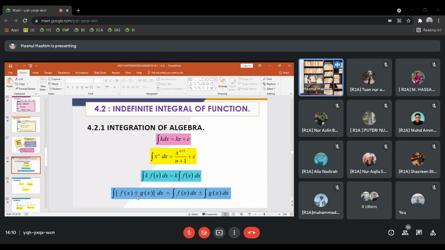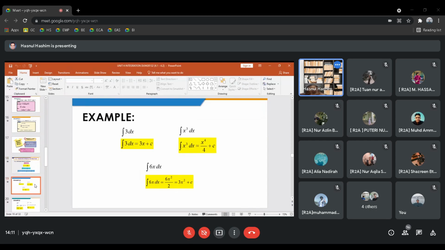And then when we have a plus or minus of two functions, we can integrate both separately. Okay, we look here. 3 is a constant, so we have 3x plus c. x cubed will be x to the power 4 over 4 plus c, and 6x will be 6x squared over 2, or 3x squared plus c.